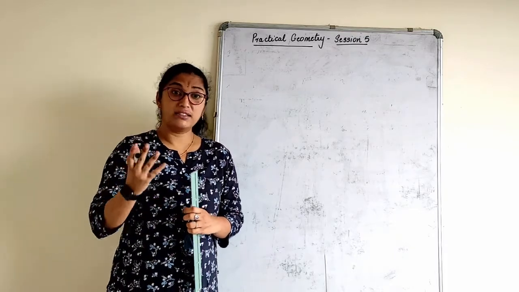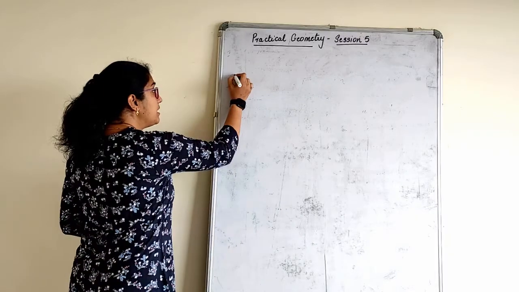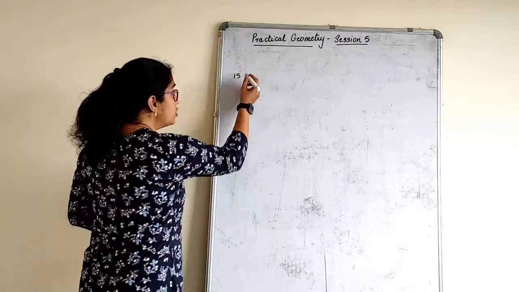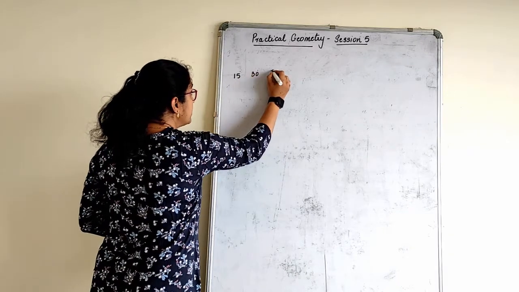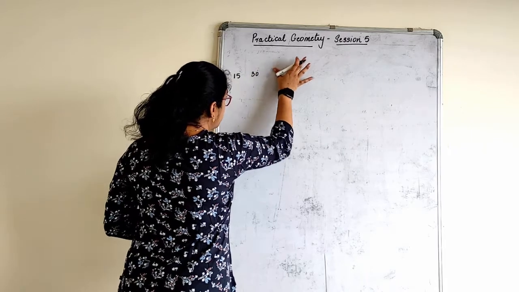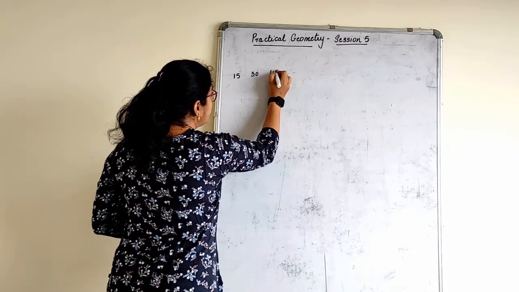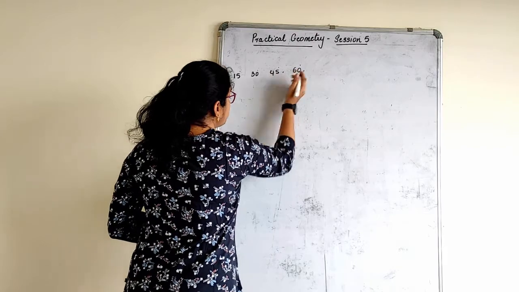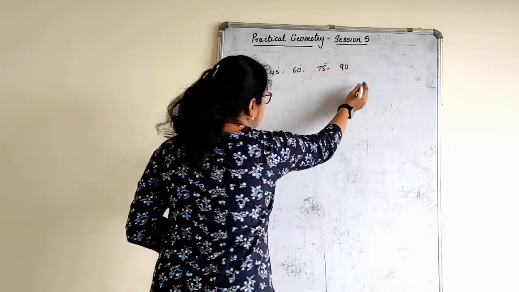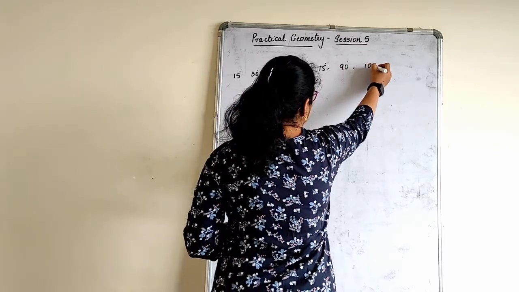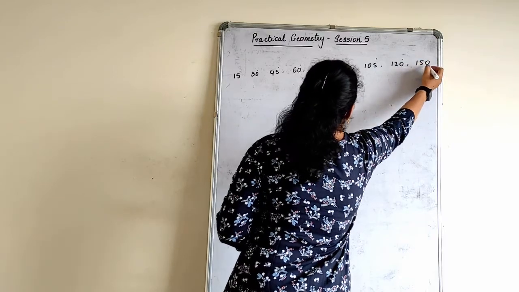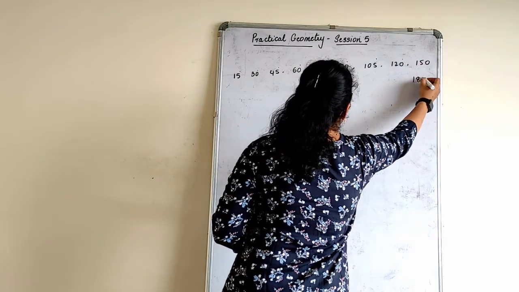When we construct these angles, we usually only construct the standard angles that are multiples of 15. So 15 degree, 30 degree, 45 degree, 60 degree, 75 degree, 90 degree, 105, then 120, 150 and 180 of course.